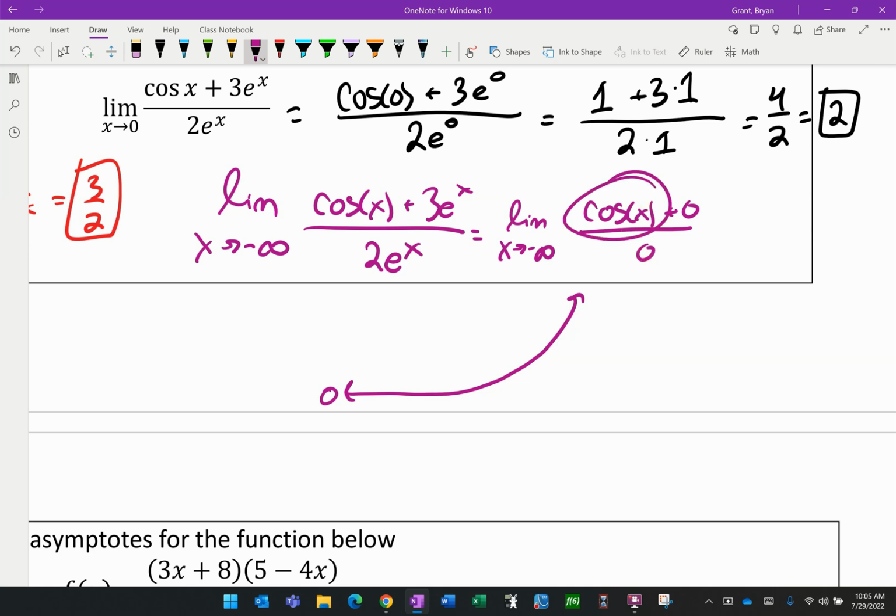We have some number over 0, which in the past we've learned means does not exist. But even if there wasn't a 0 there, let's say there was a 4 or something, cosine never approaches a specific value. It's that cosine wave. And if we don't approach a specific value out at negative infinity, then the limit doesn't exist. So I'm pretty convinced in 2 ways that this limit will not exist and there is no horizontal asymptote to the left. Take the reasoning either way.